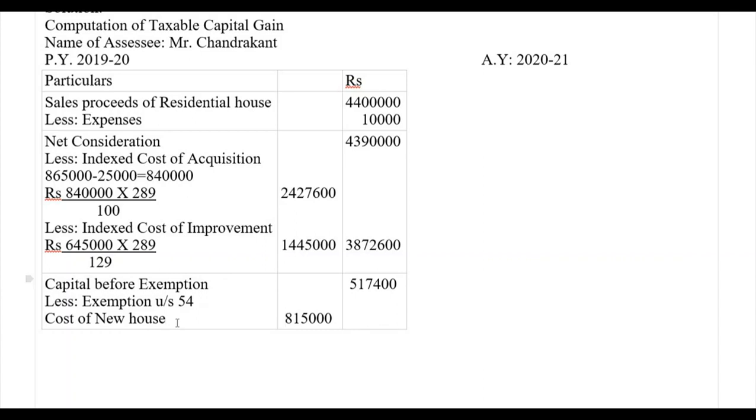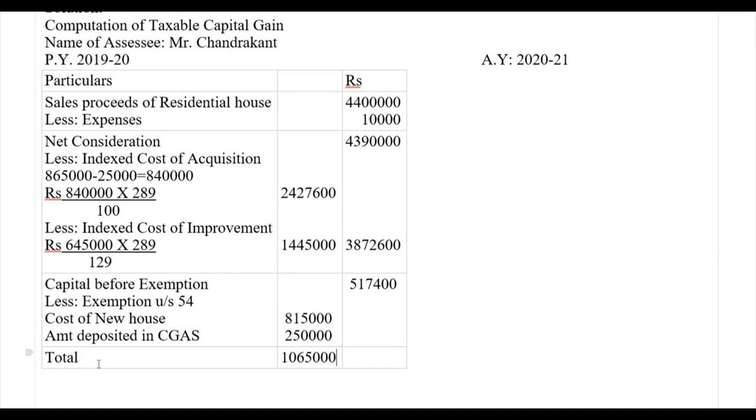Then the amount deposited in the Capital Gain Account Scheme, CGAS, is given as rupees 2,50,000. So the total invested comes to rupees 10,65,000.